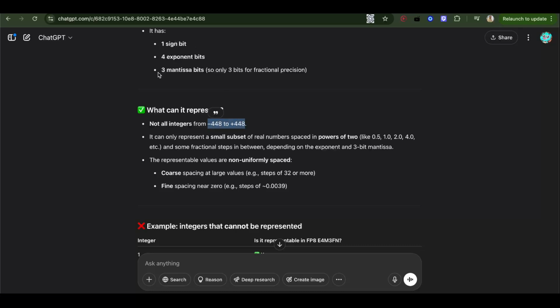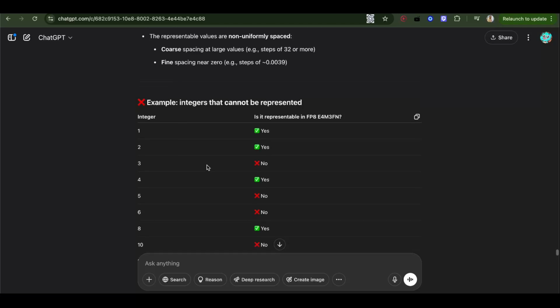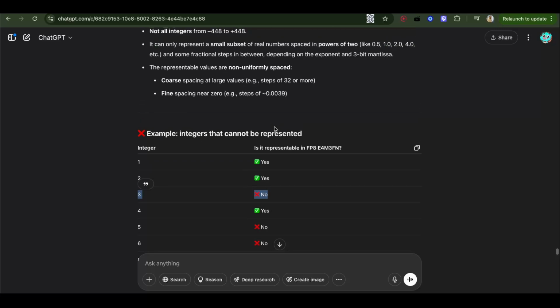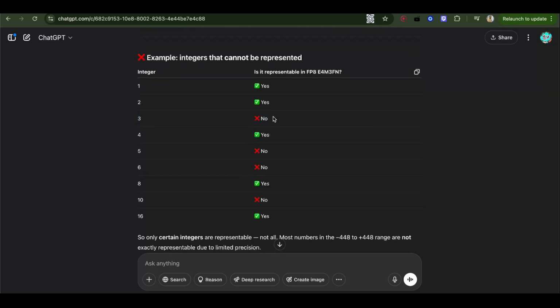Because you remember the formula, you are multiplying by powers of 2 basically, so not every integer is representable. So ChatGPT here says, let's presume it's correct, but even if ChatGPT made a mistake, it doesn't matter. My point is you cannot represent every number, every integer.